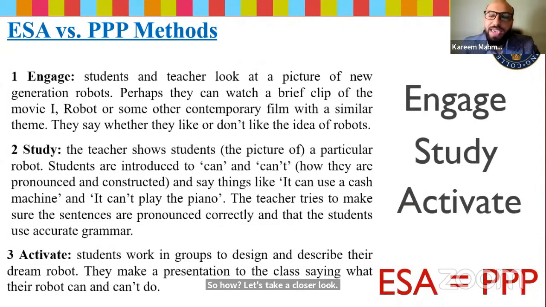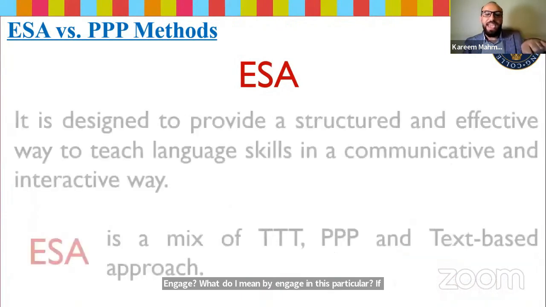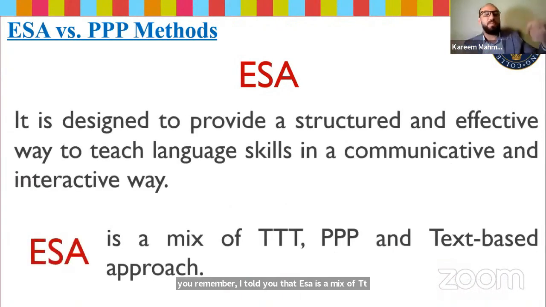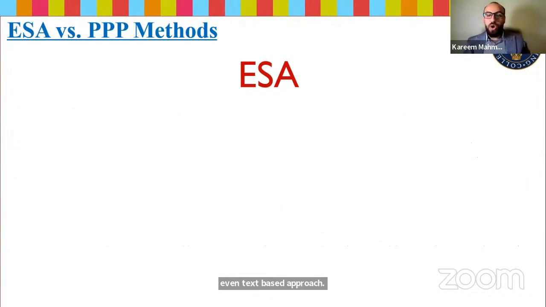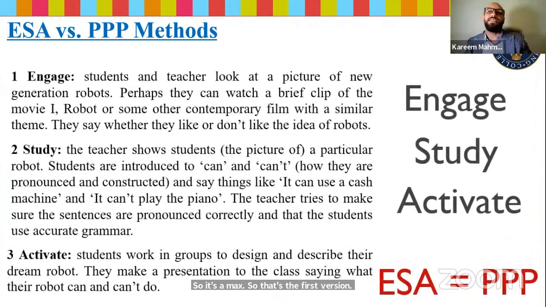What do I mean by engage? If you remember, I told you that the ESA is a mix of TTT, PPP, and even the text-based approach. So that's the first version of ESA, when it equals PPP.